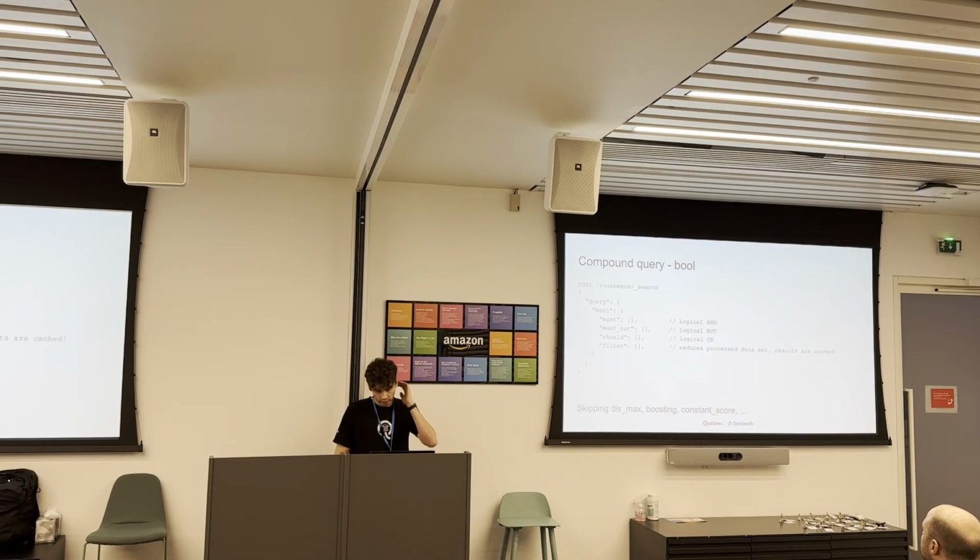Now we are entering something that is going to make stuff a little more complex. The compound query is the way to actually join a few queries and perform more complex data filtering. And by the way, I am deliberately skipping some of the query types that are irrelevant to the translation. For the compound queries, things like dis max or boosting or constant score are query types that are basically focused on document relevance.